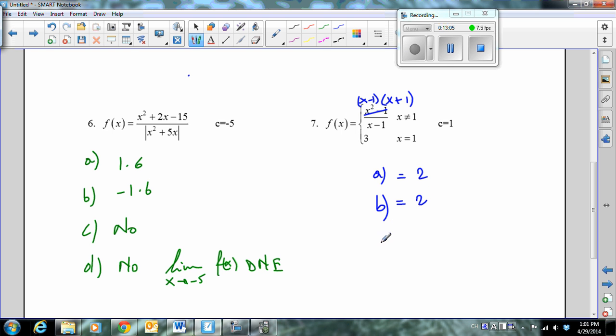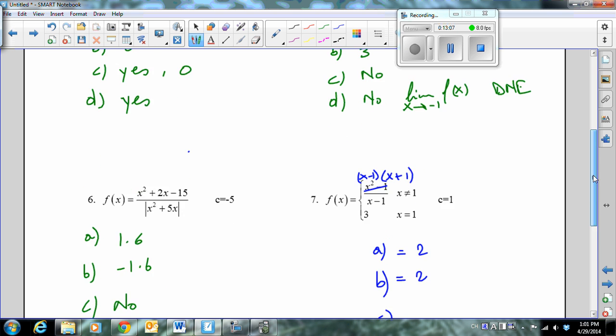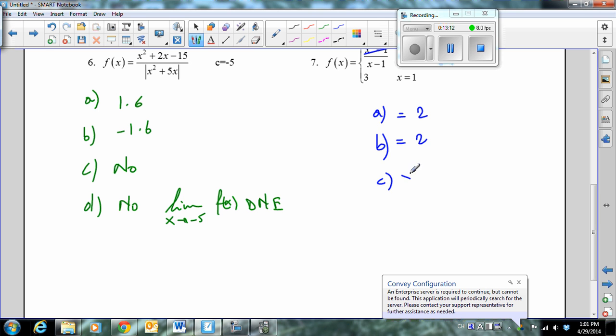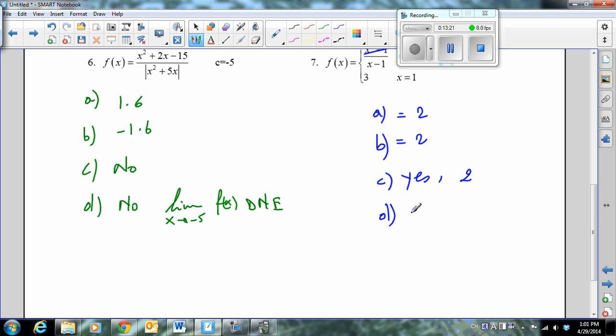Now, for C, does the limit of f of x exist? Yes, definitely. But what is the value of the limit? It is 2. Now let's look at D. Is it continuous? I would say no. Why? Because the limit as x approaches 1 from both sides is equal to 2, which is different than f of 1, because in fact f of 1 is actually 3.